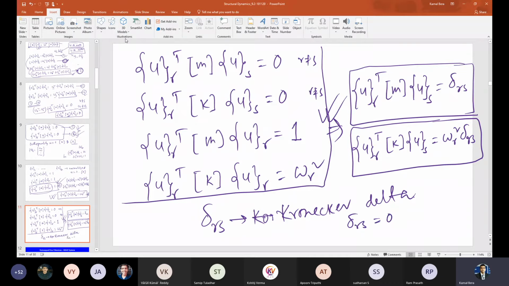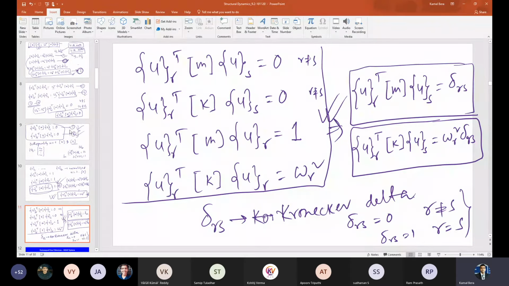Delta RS is equal to 0 if R is not equal to S, and delta RS is equal to 1 if R equals S. Now you see whether all the equations are satisfied or not. That is just writing in compact form, nothing else.